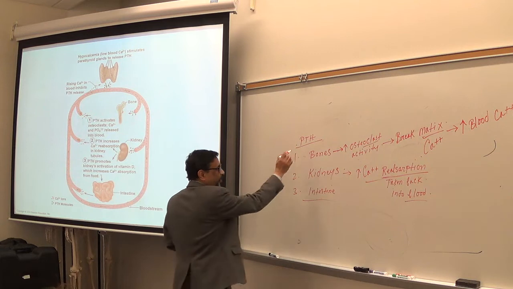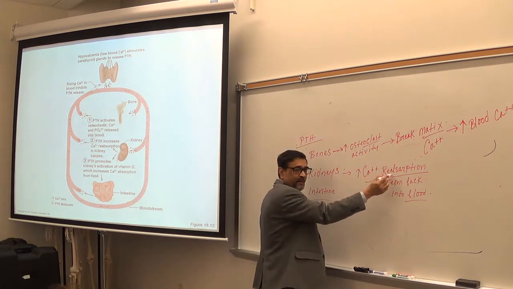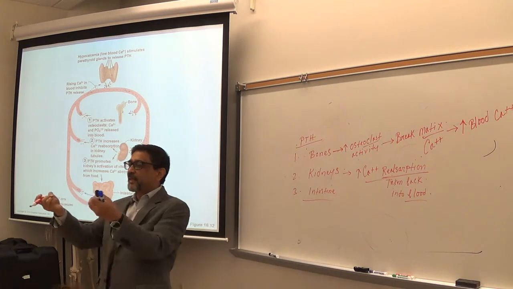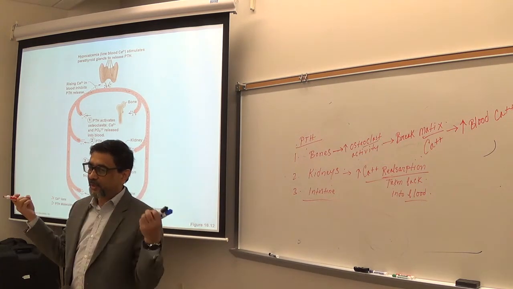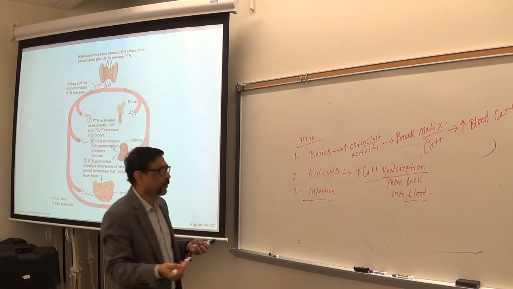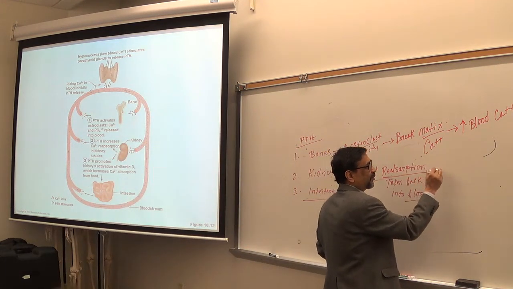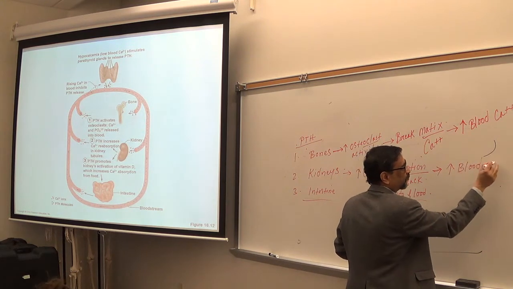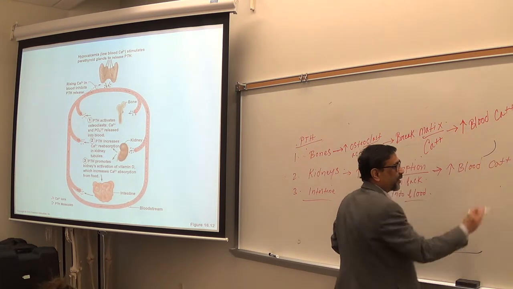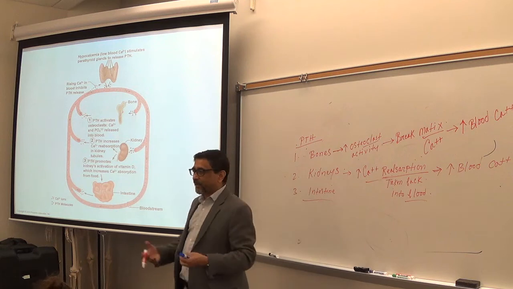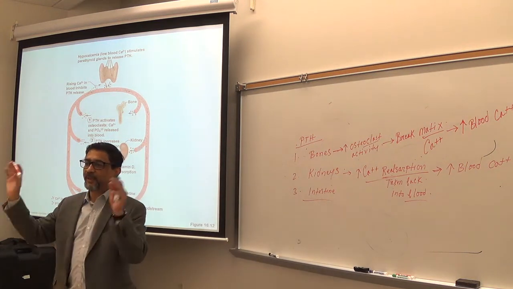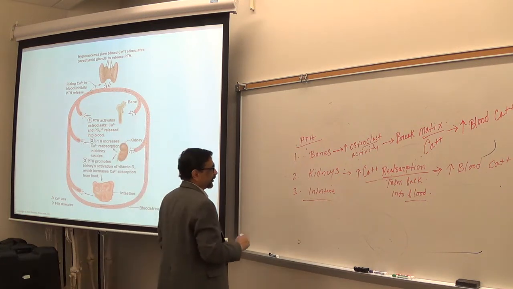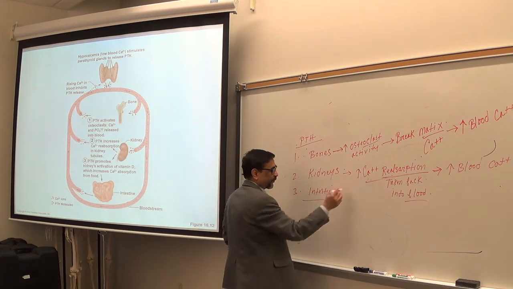So parathyroid hormone increases calcium reabsorption. That means in the kidneys, take the calcium back into the blood or body. Okay, so that will increase the blood calcium. If less reabsorption, calcium will get out from the body with the urine. Is it clear? So retention of calcium.